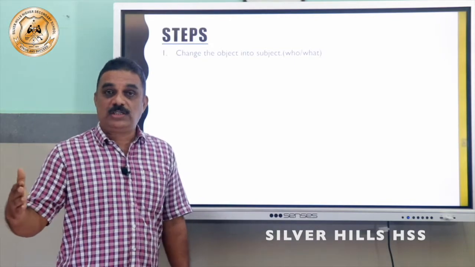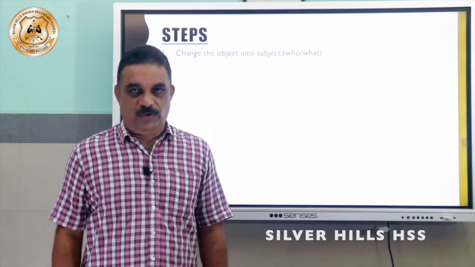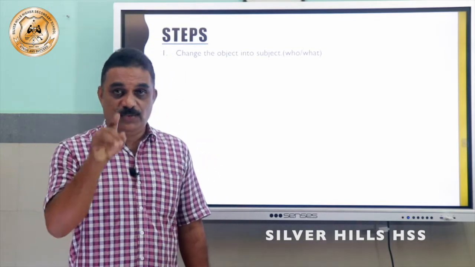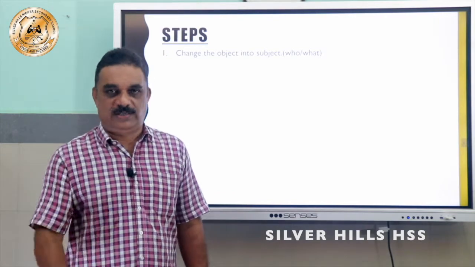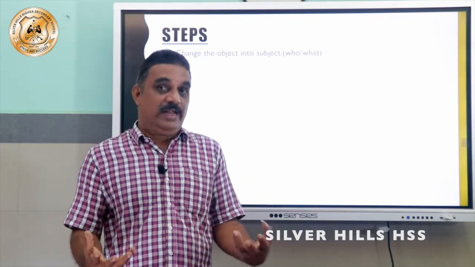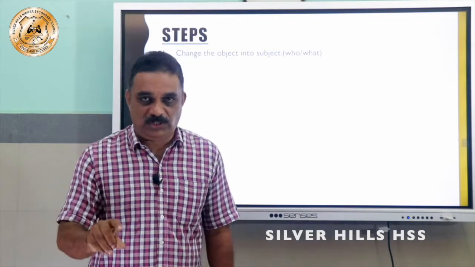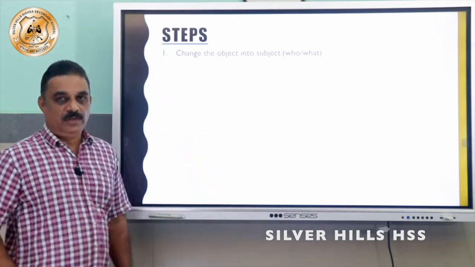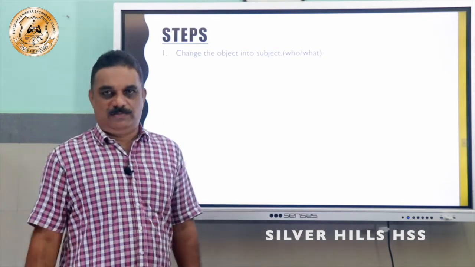For example, Sita wrote a letter. Here Sita wrote is the verb, no? Now you ask the verb, wrote what? Sita wrote what? What is the answer? Definitely it is the letter. So you can take letter as the object and take that into subject position. Then, Rama killed Ravana.